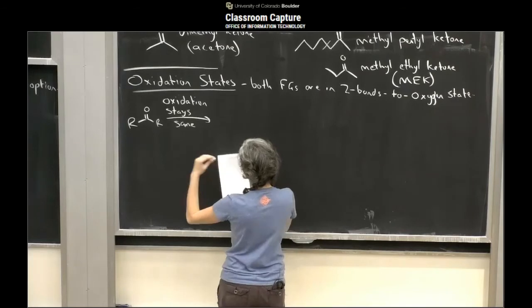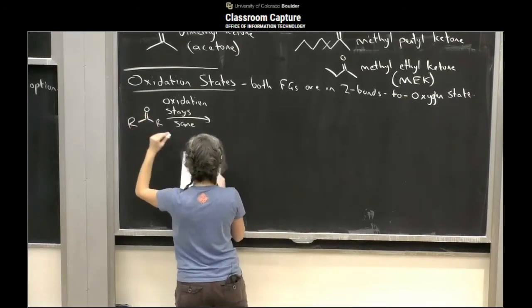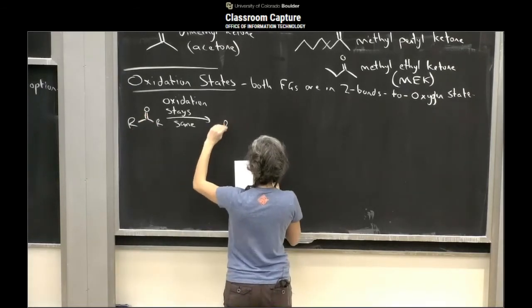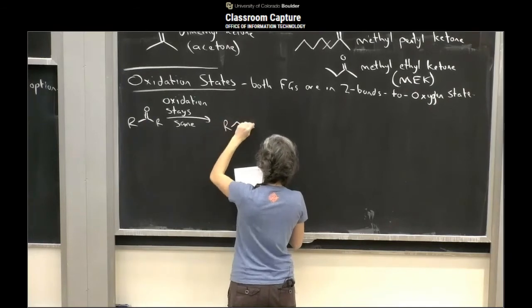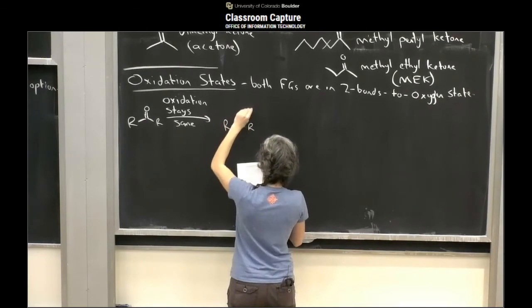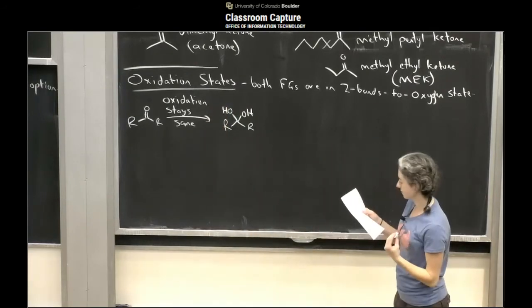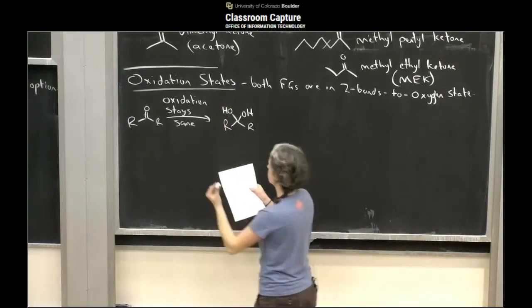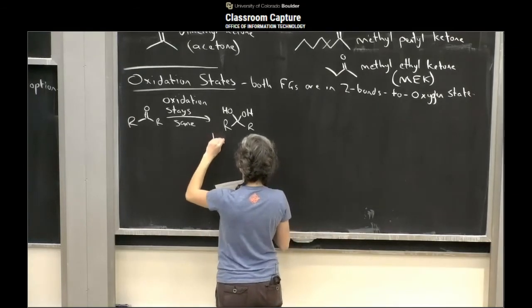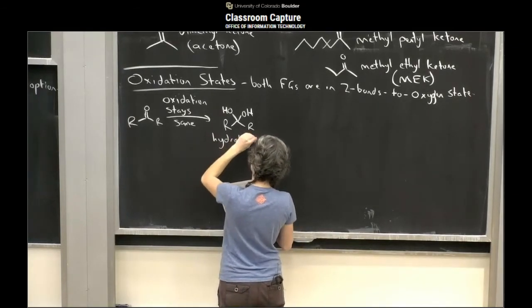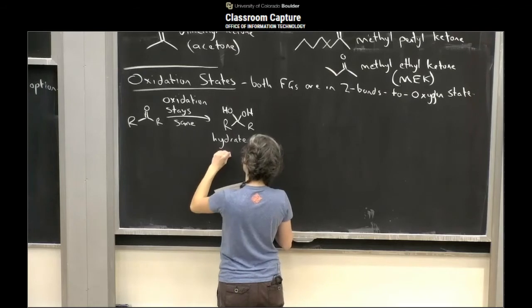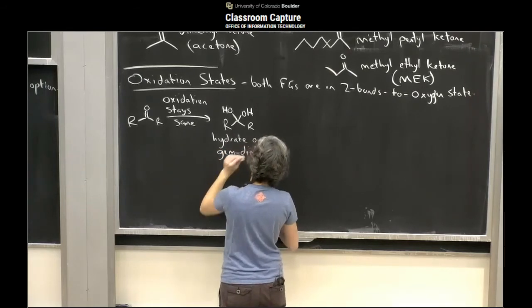So we keep two bonds to a more electronegative atom, but they might not be the same electronegative atom anymore. So maybe we're going to turn that carbonyl into a couple of OH groups. This would be called either a hydrate or a gem diol.